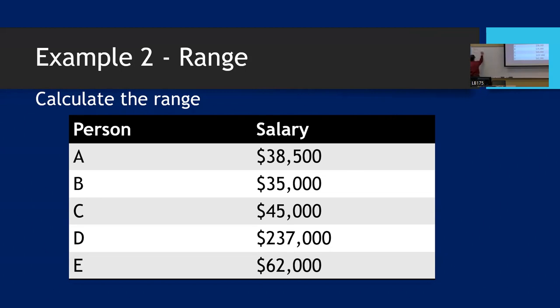So we take 237,000 and subtract 35,000, and that means the range is 202,000. By the way, if you wanted to put a label on that, the range is $202,000 technically, because all these things were measured in dollars.